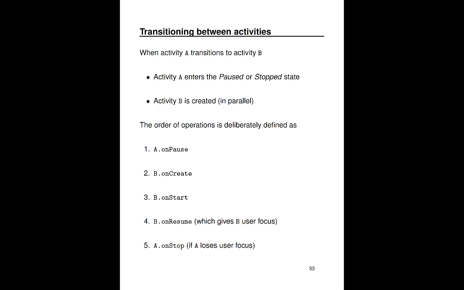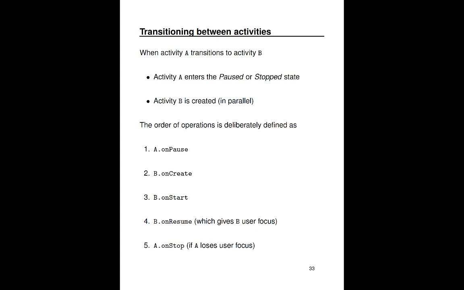In terms of state transitions, here's what happens when you have an activity A that transitions to an activity B. So activity A issues the intent and then enters either the paused or the stopped state. It's up to the Android runtime to determine which state it goes into. In parallel, activity B is created. And then there's a very explicit and deliberate order of operations that occur between the two activities. So the onPause method of activity A is invoked.